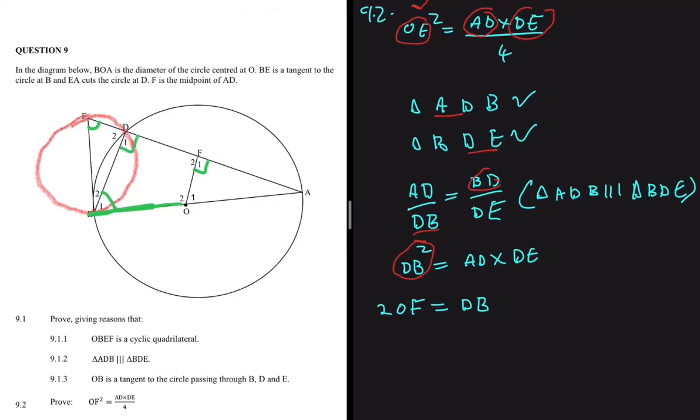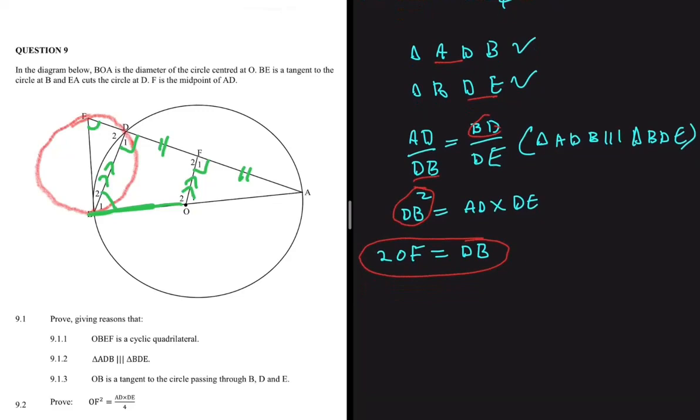So if F1 is 90 and D1 is 90, then OF should be parallel to DB. But because F is the midpoint of AD, we have AF equal to FD. If AF is equal to FD, then OF should be half of DB. So that is why I'm saying that 2OF is equal to DB, right?